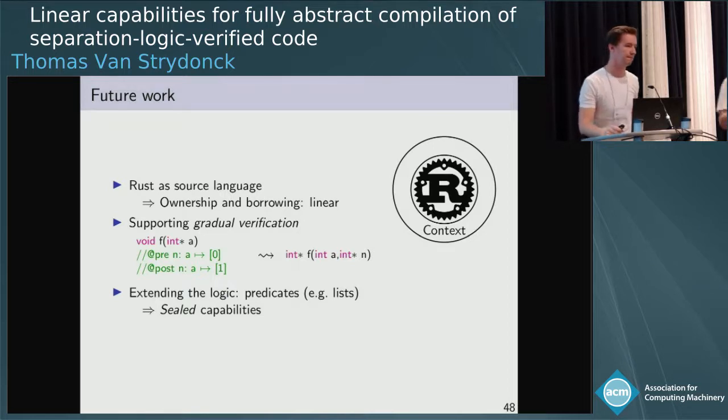Question from Slido. The precondition a maps to 0 is very constrained for an identity function. Could you generalize that to any value, any input array, something like that? We do have some. I kept it simple just for the sake of the illustrative example.